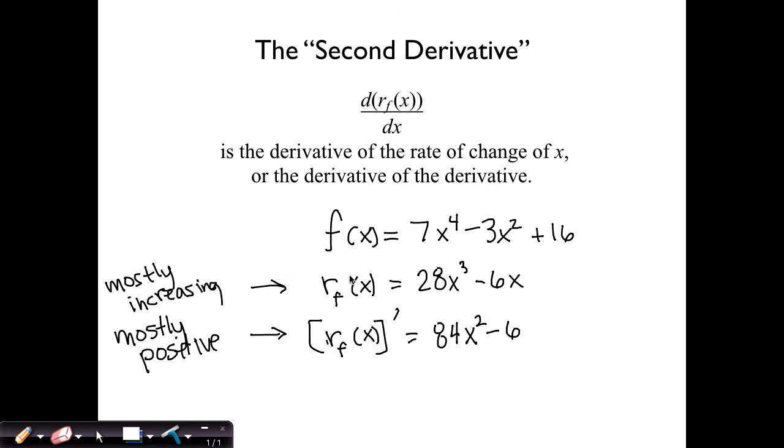Now, a rate function mostly increasing doesn't say that this is always going uphill. That would be the case if this was always positive. So a rate function mostly increasing, in terms of this f of x function, would tell me that most of the time I have that curved upward, or cup shape, except for right around x equals 0, when this part would be smaller than 6.